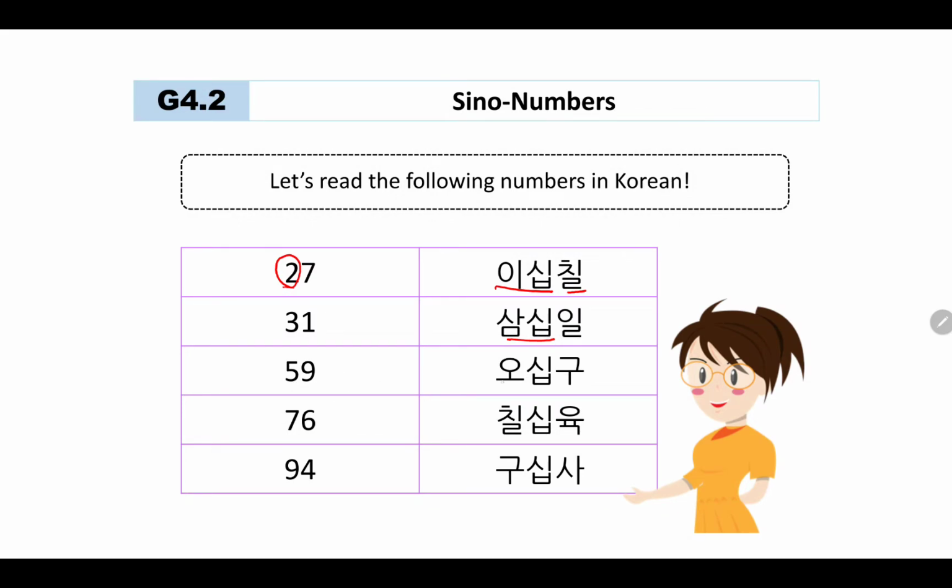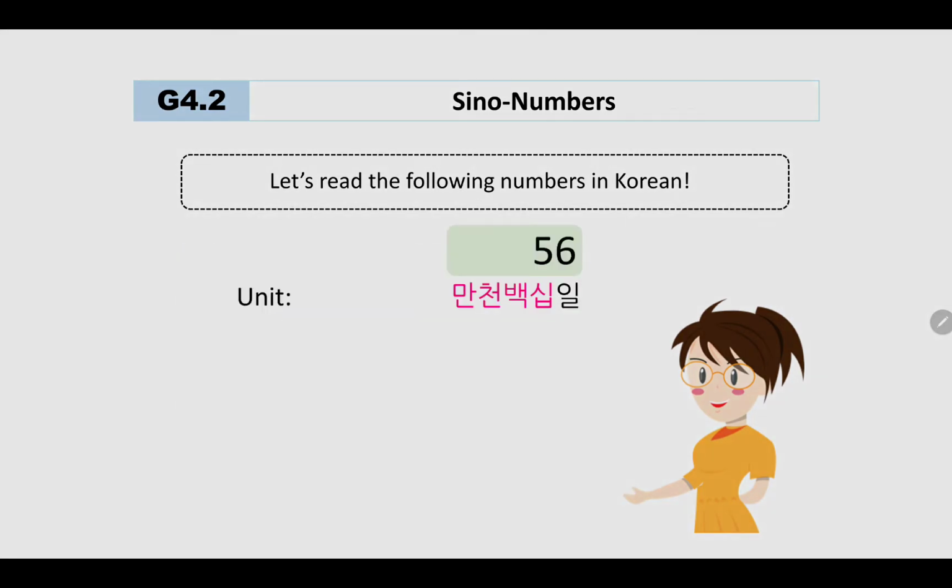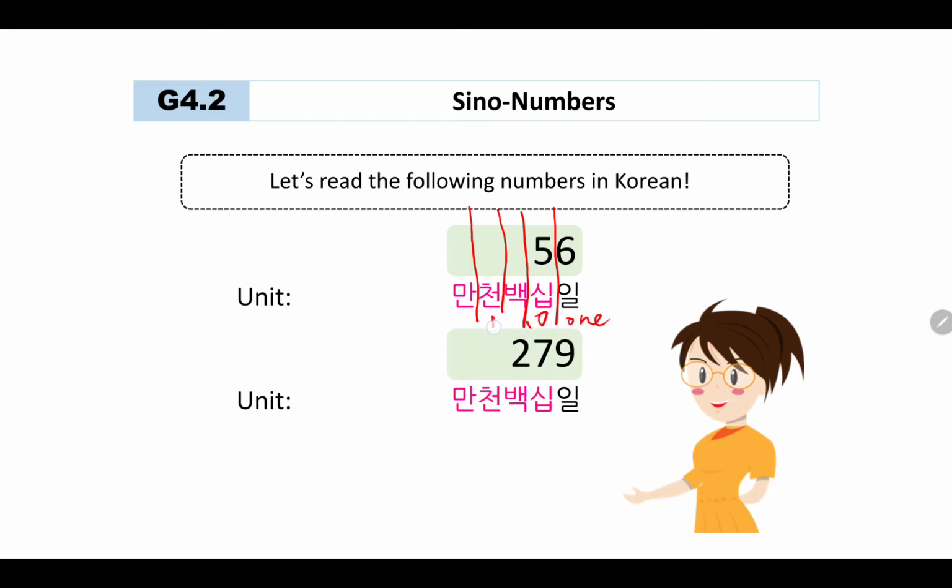And then 59, 76, 94. Simple, right? When you see a number, think of the number being aligned to this unit. Ones align here, tens align here, hundreds align here, and so on, right?